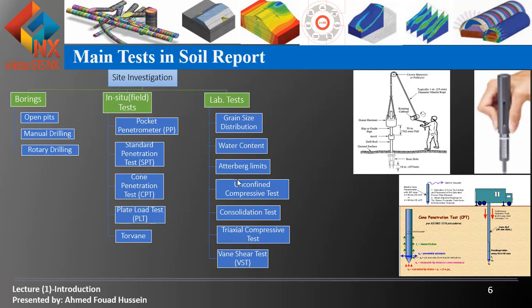As a summary of what we talked about, site investigation starts with boring. We have different techniques of boring: open pits, manual drilling, or rotary drilling, as we see here. For field tests, as I said, we have techniques like the pocket penetrometer, standard penetration test, cone penetration test, and the plate loading test.